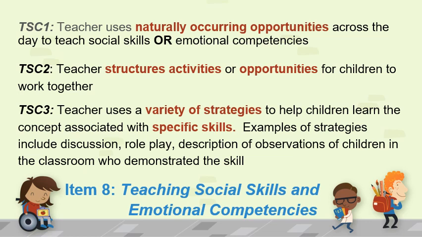Teacher uses naturally occurring opportunities across the day to teach social skills or emotional competencies. You can ask, "How are you feeling today?" You might show the children how to ask a friend for help by gently tapping a friend on the arm, saying, "Now you ask your friend, would you help me?"